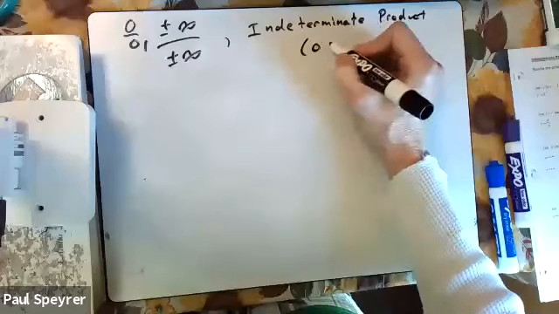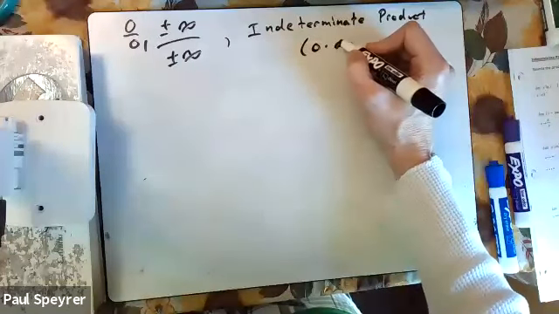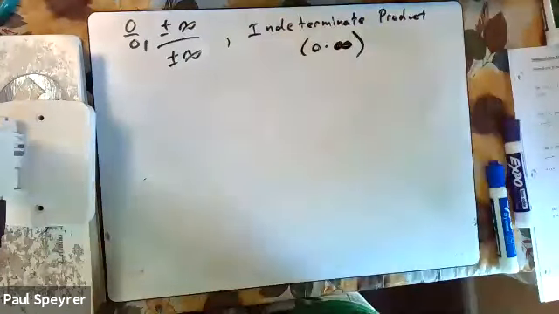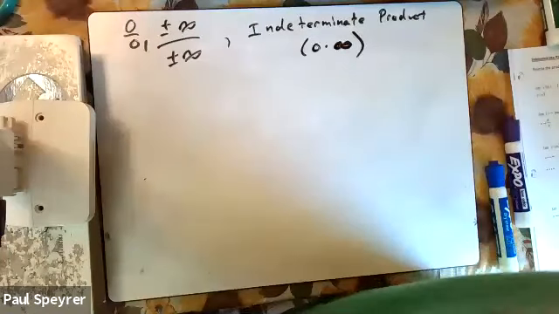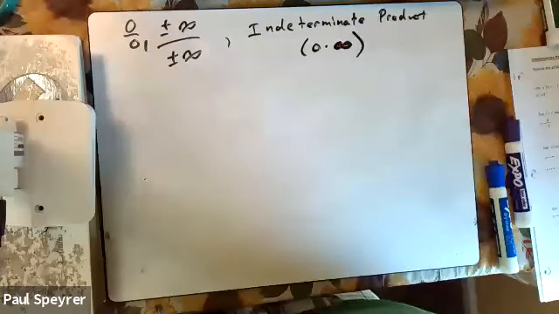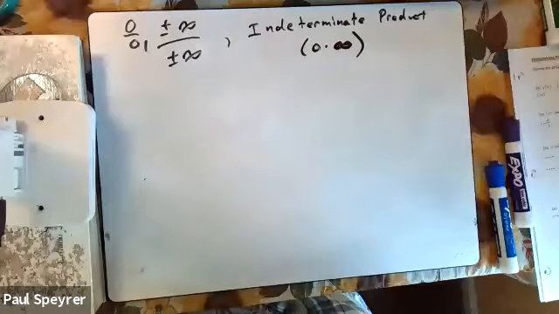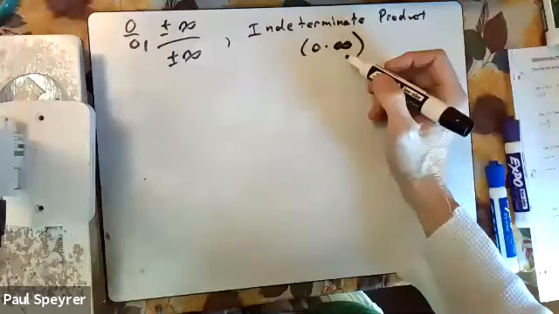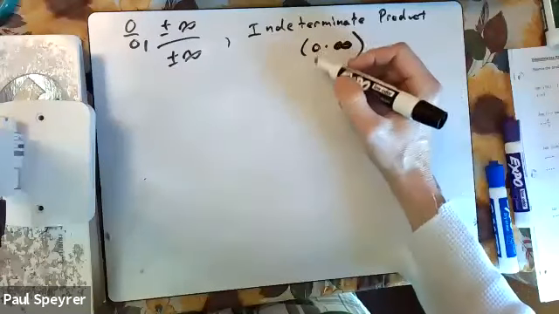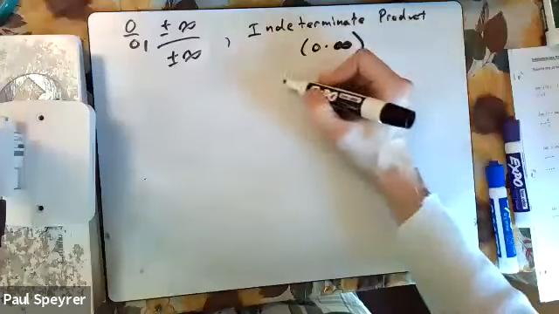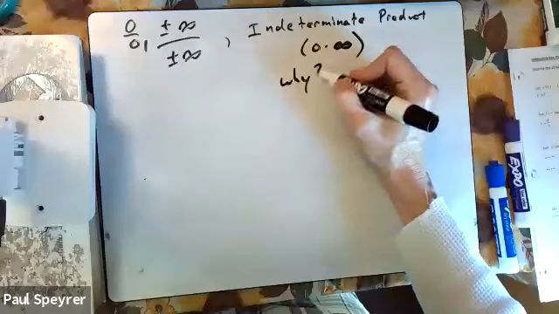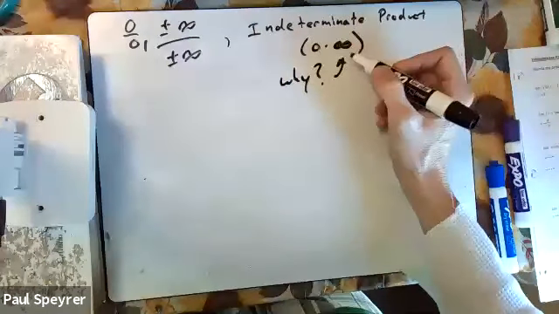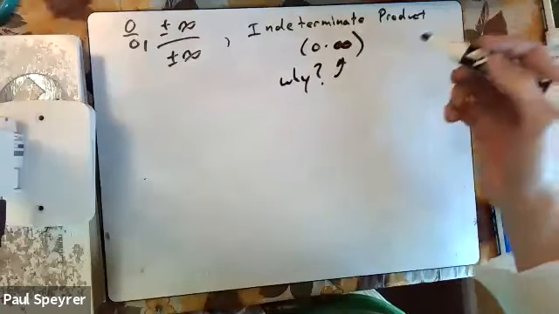And that's something like this: 0 times infinity, okay? Why is this an issue right here? Well, let's say, shouldn't 0 times infinity be 0, right?